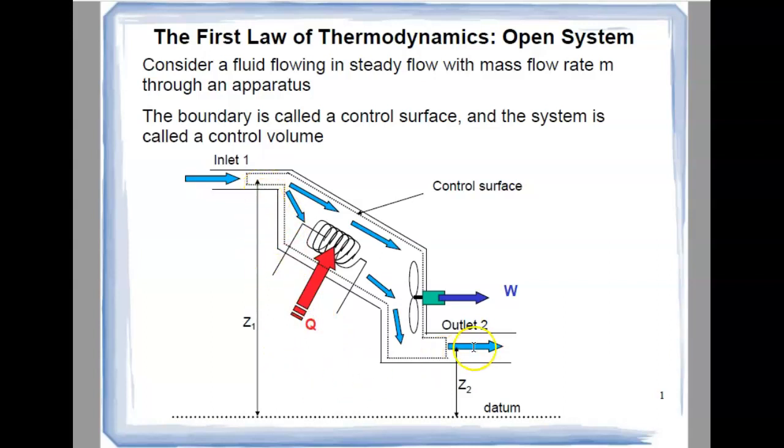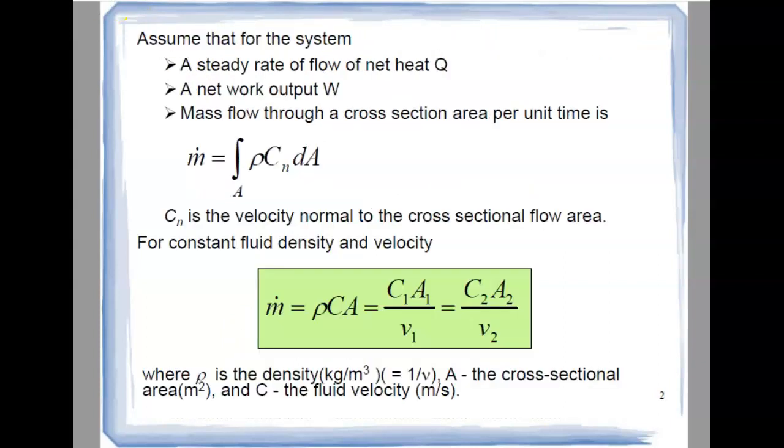And you have the difference of datum, where we label it as Z1 and Z2. Besides the first law equations, when solving for your open system, another crucial equation is m dot equal to density times velocity c and the area A, and V here is your specific volume or the volume.